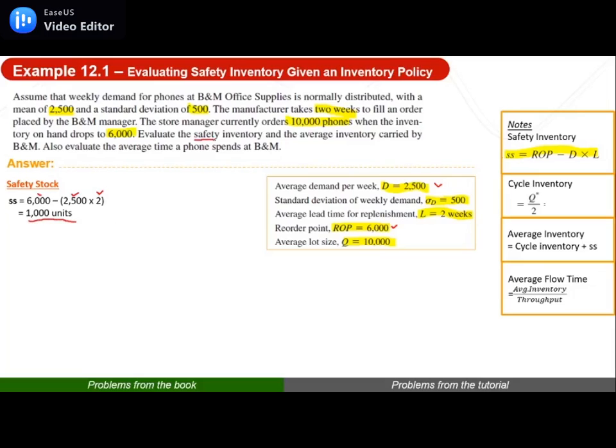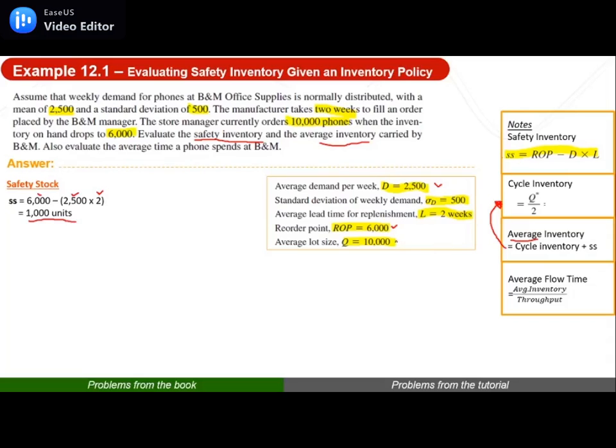We have evaluated the safety inventory, or safety stock, and next we need to evaluate the average inventory carried by B&M. The formula for average inventory is cycle inventory plus safety stock. But we don't have the cycle inventory yet, so first we compute it. The formula is Q divided by 2.